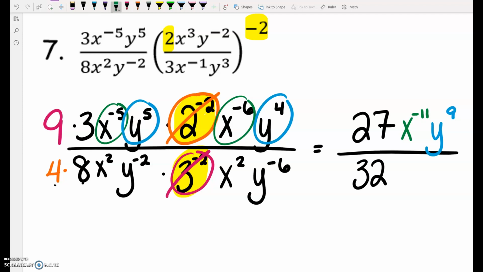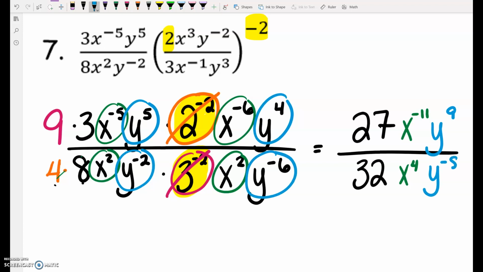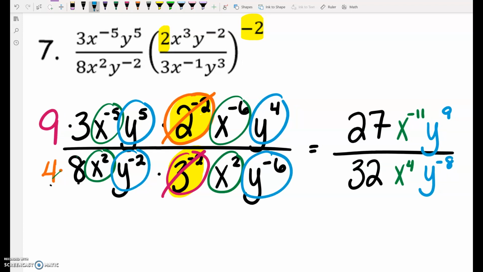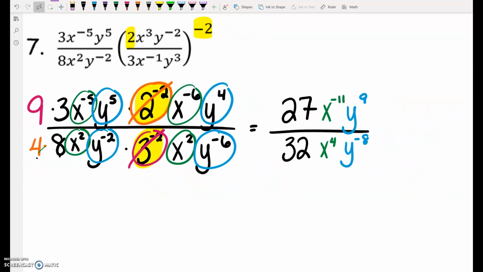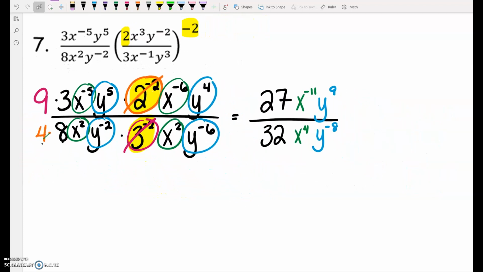On the bottom, I dealt with my numbers already. X squared and x squared is x to the 4th. Y to the negative 2, y to the negative 6th is y to the negative 8th. Okay, that's a lot.